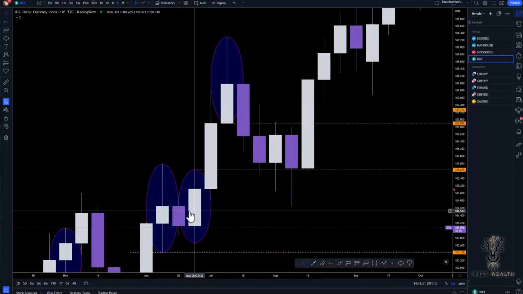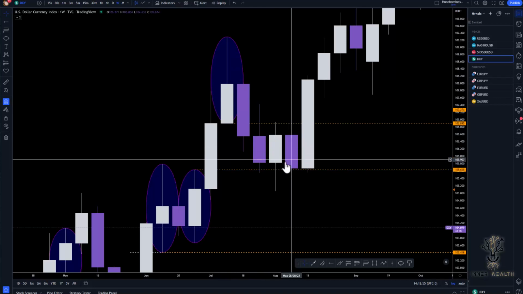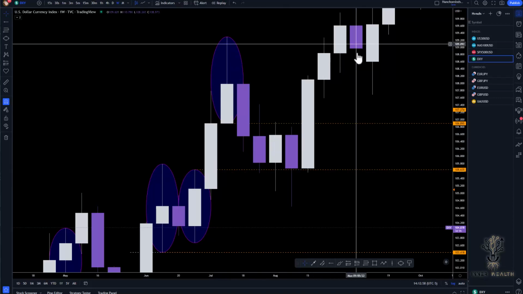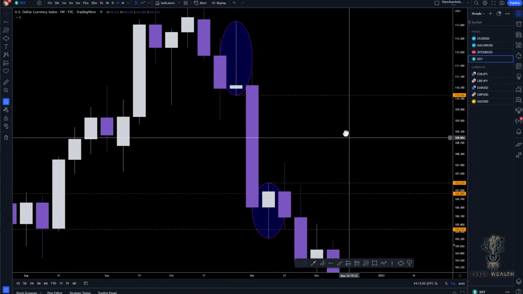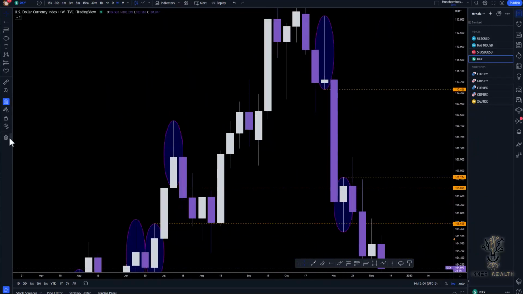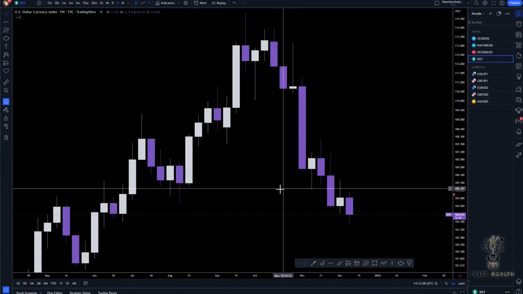So as you guys can see here, price moves above, comes back down into our imbalance, fills it up, and leaves from that area.